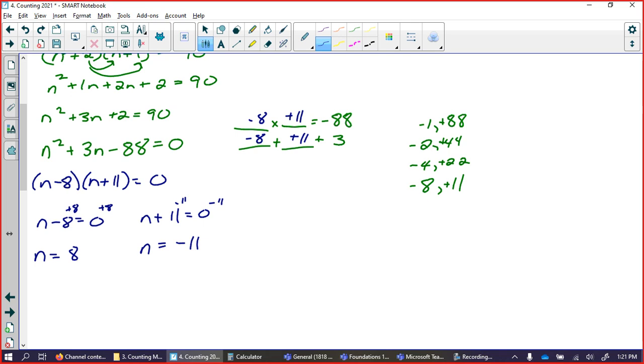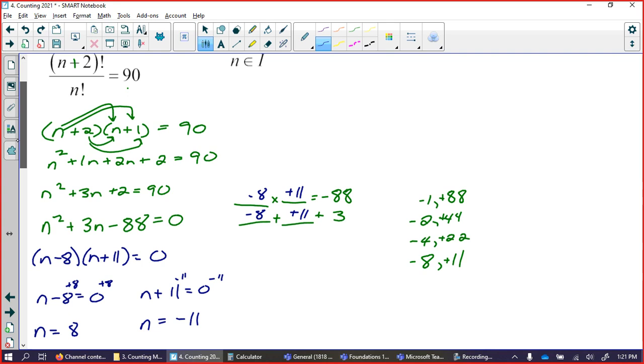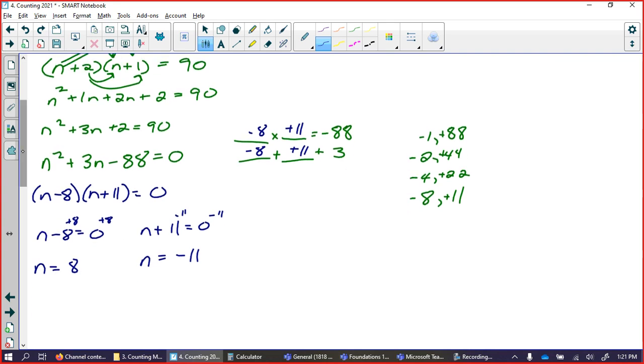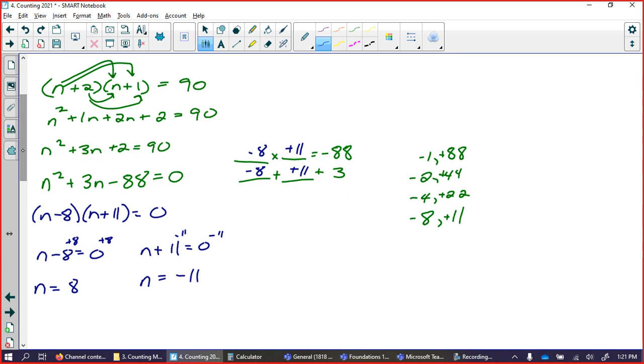So one of these answers makes sense. One of these does not. Which one of these doesn't make sense?